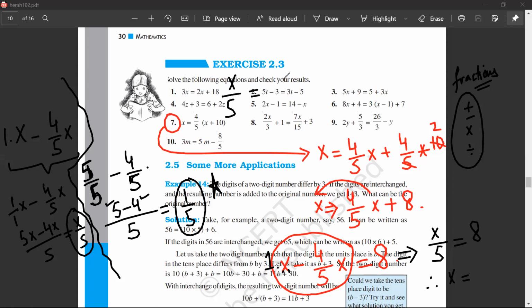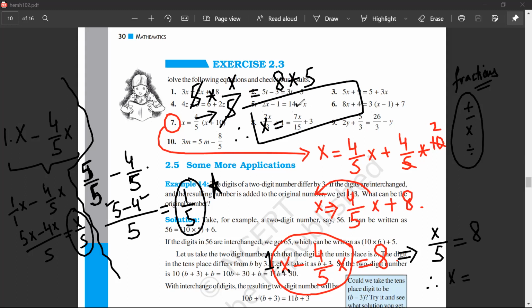If x by 5 is equal to 8, then I need to eliminate this 5. What should I do on both sides? We'll multiply by 5. Shabash. You need to multiply by 5. Why? Because this 5 will cancel and therefore x would be equal to, Mr. Sarthak? 40. Shabash.